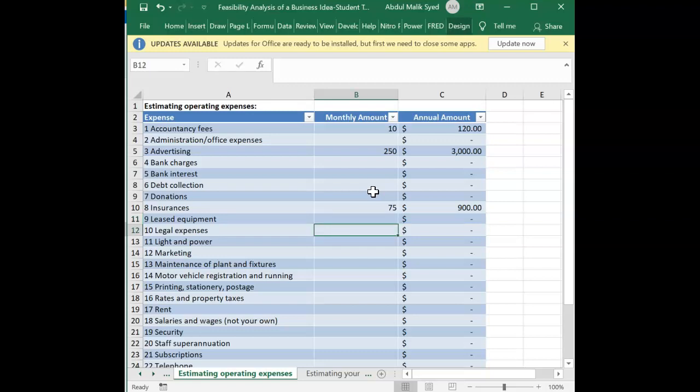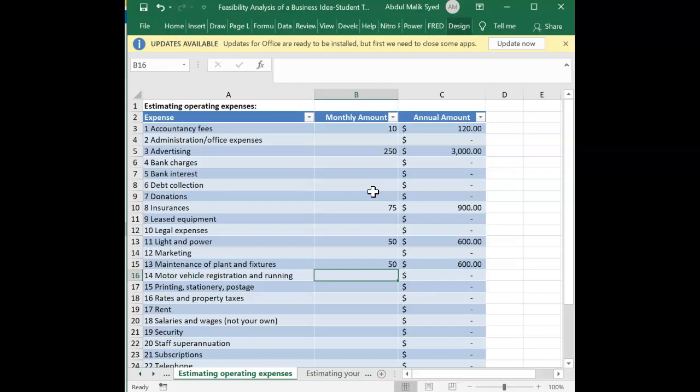Legal expenses, maybe we may be taking some, or no need in fact. Light and power, maybe $50. Marketing we don't require for the moment. Maintenance of plant and fixtures, let's say 150, because we have some coffee machines, but 150 is too high, so maybe 50.